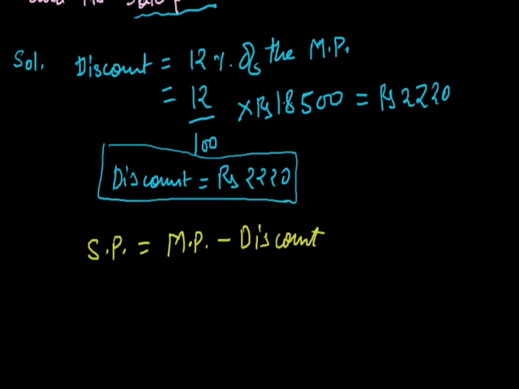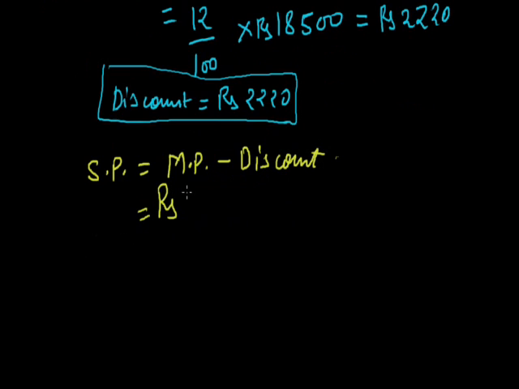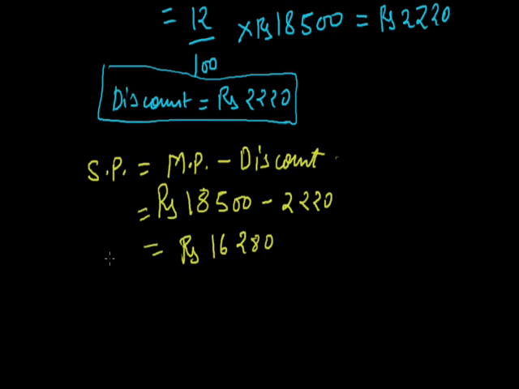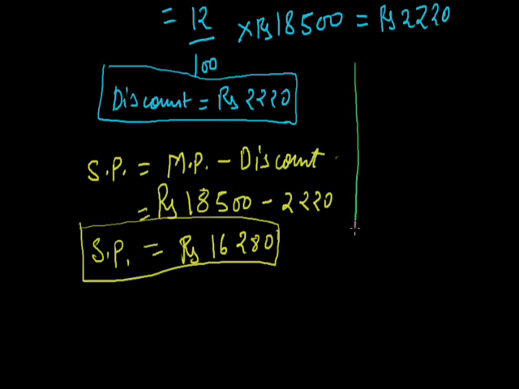Therefore, the selling price is equals to rupees 18,500, and discount we have calculated just now, that is rupees 2,220, and it will be equals to rupees 16,280. So the selling price is rupees 16,280.